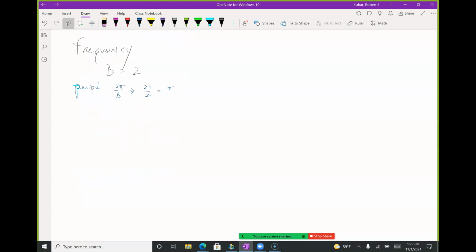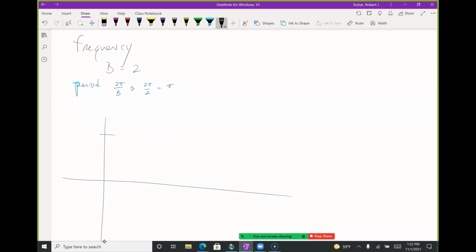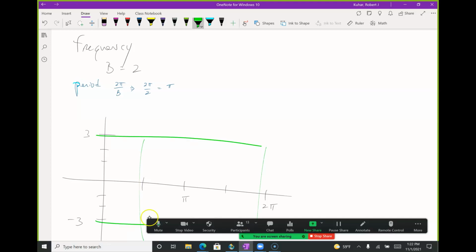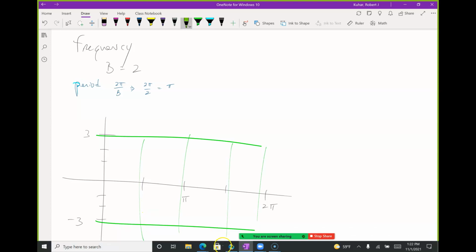So up to 3, down to -3, and I usually will have quarter steps up to 2 pi, but now I'm going to have quarter steps up to pi.